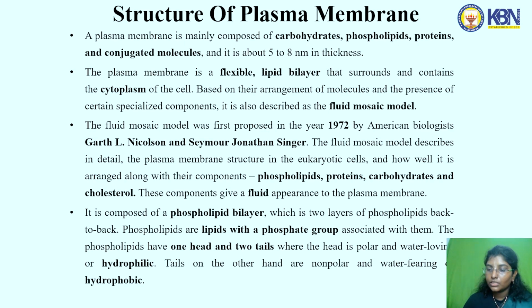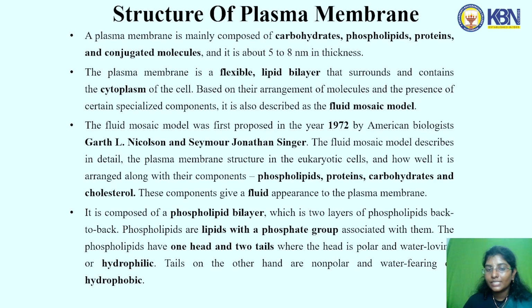By this structure, it is described as the fluid mosaic model, because of the arrangement of the molecules and this 2 layer structure of the plasma membrane. It was first proposed by the American biologists Garth L. Nicholson and Seymour Jonathan Singer in 1972.